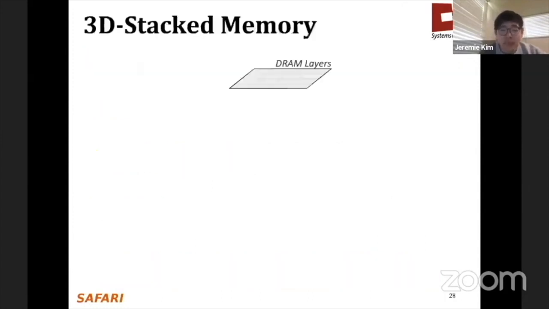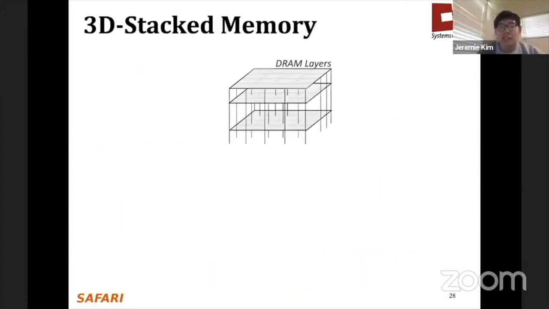So 3D stacked memory is basically a bunch of DRAM layers that are stacked on top of each other, and they're connected with TSVs, which are just vertical connections that allow high bandwidth between layers. We also have a logic layer, which enables you to move DRAM data at high bandwidth to the logic layer, perform very simple calculations there, and then put the results back into DRAM, depending on whatever is implemented in the logic layer.